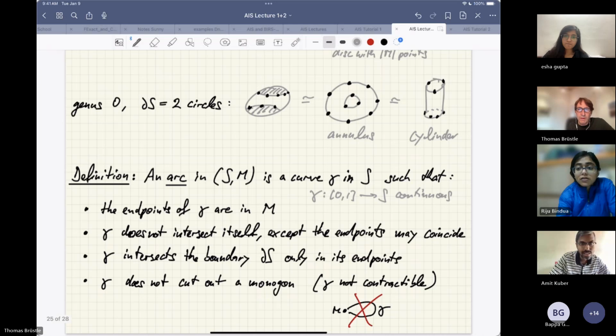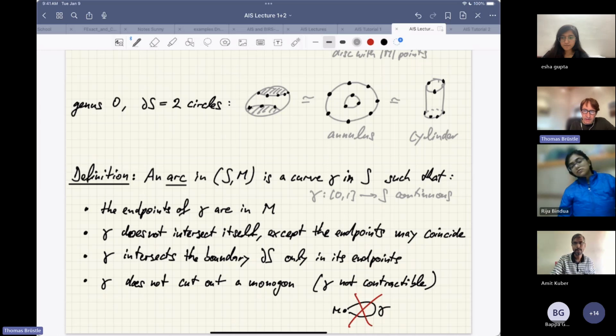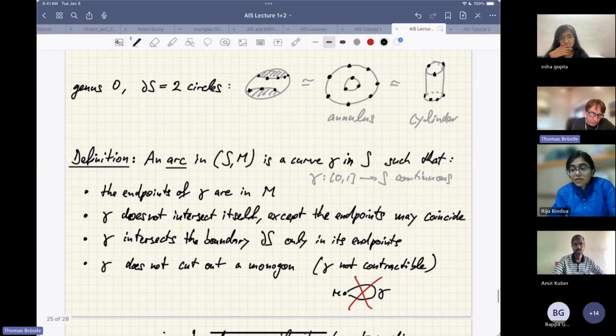There's a question in the chat. Please explain the last property, the monogon property, once again. Yes, this is very good. So a monogon. I could a priori think that I have some boundary here, and there's a point M in the boundary, and I could a priori allow myself to consider a curve gamma that looks like this.